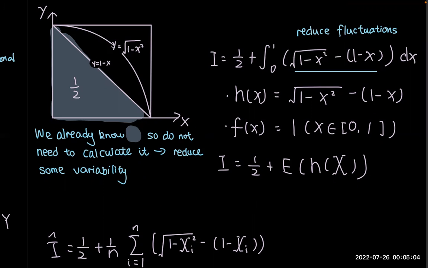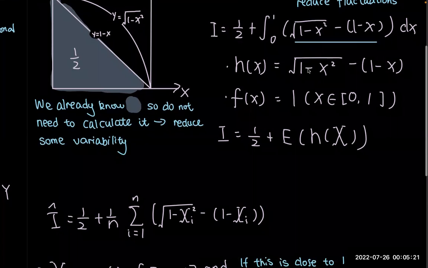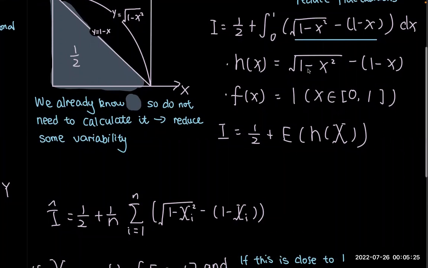And if this is below average, then this also tends to be below its own average. So they seem to change together. So therefore, by subtracting this one, you actually cancel some of the variation. So this is a very important variance reduction scheme.